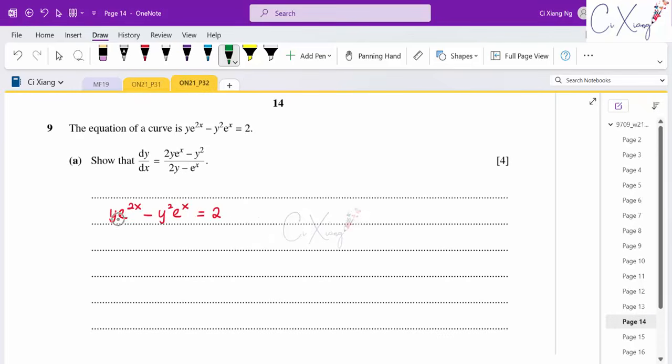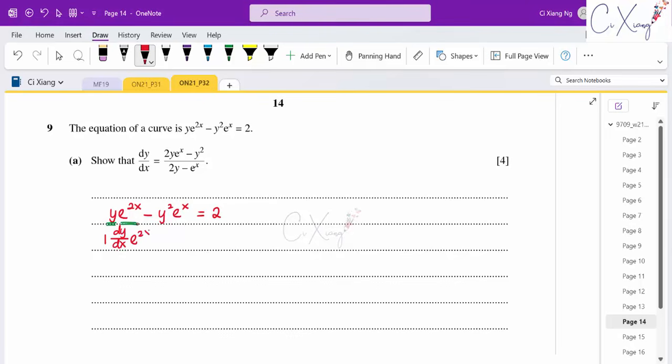So for the first term, this is what we have. I will treat y as the first bracket, or u, and e power 2x as the second bracket, v. When I differentiate, I differentiate the first bracket, copy the second, then plus copy the first bracket, differentiate the second. Differentiating the first bracket y, I have 1, but because this is related to y, I have to put dy/dx.